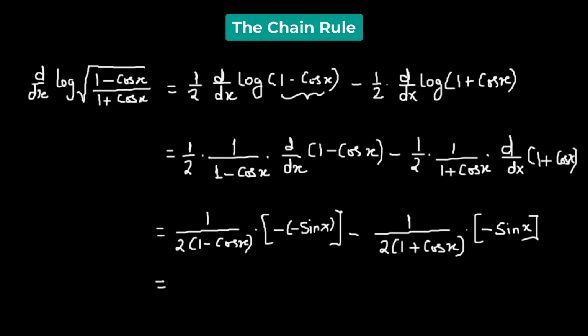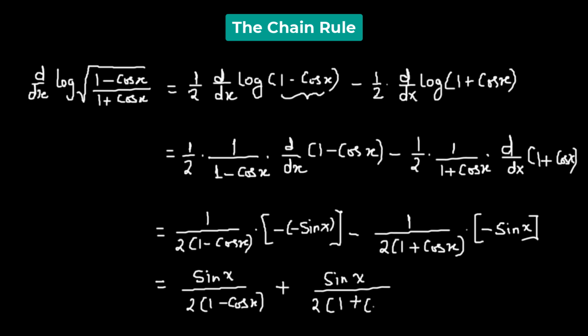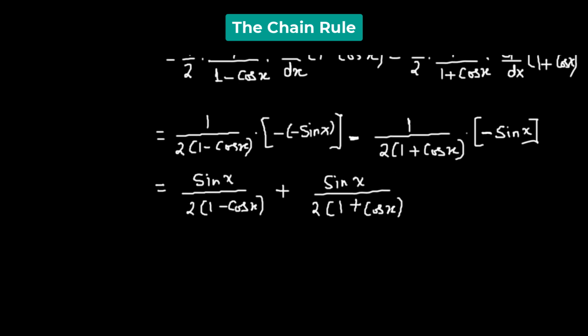This equals sine x over 2 times (1 minus cosine of x) plus sine x over 2 times (1 plus cosine of x). So the negative in the second term becomes positive.